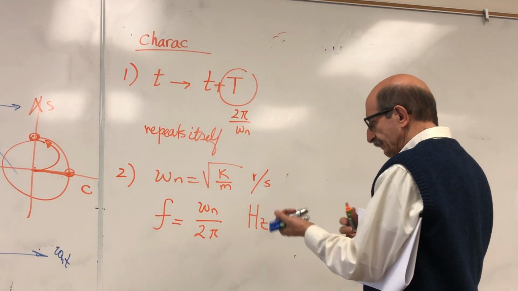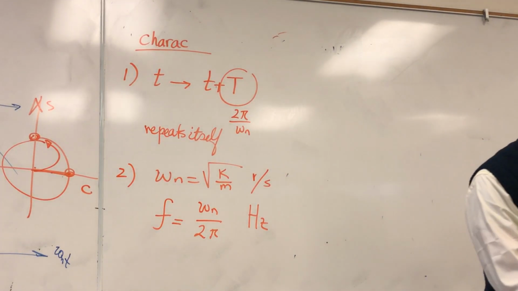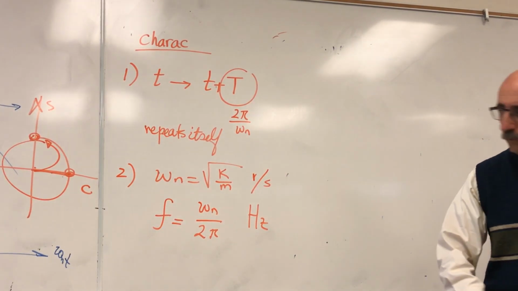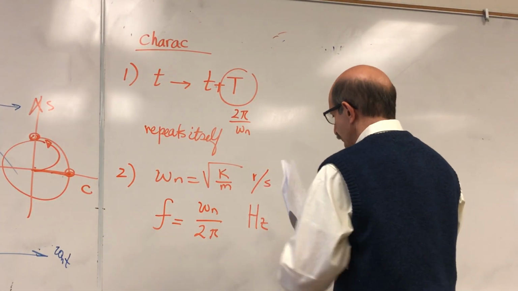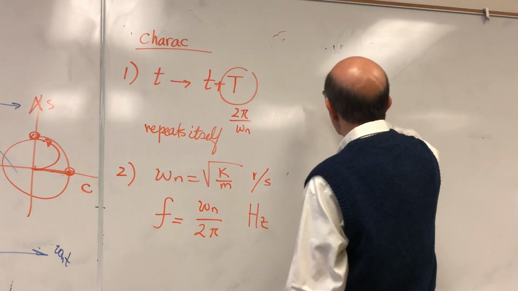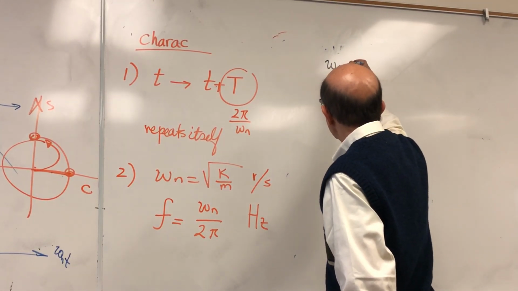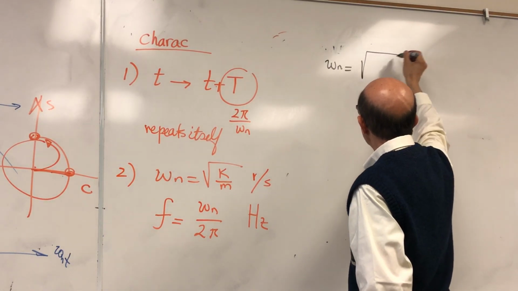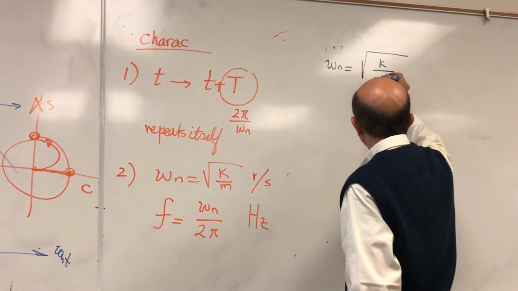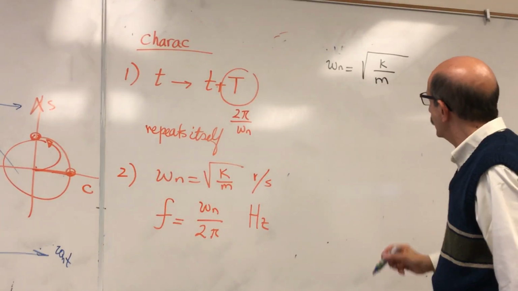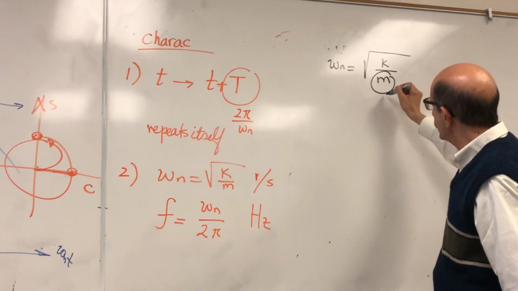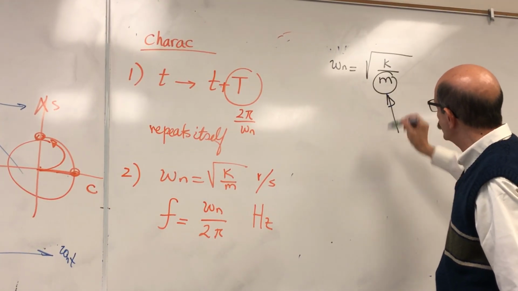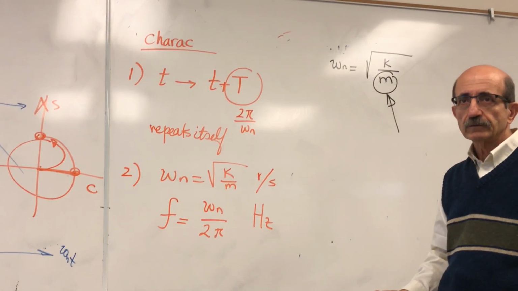I'm going to rewrite this equation in a different form. Omega n is what? The square root of K over m. How about if I replace m with its equivalent? What is a mass?